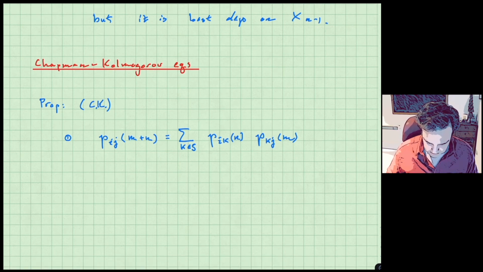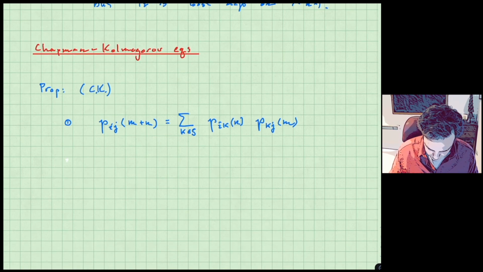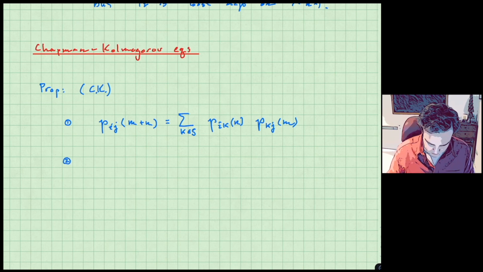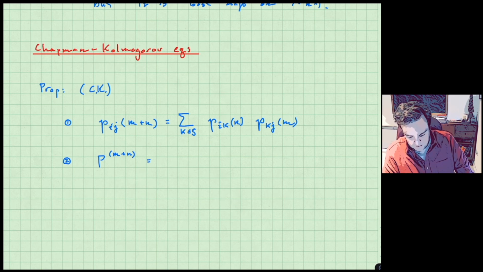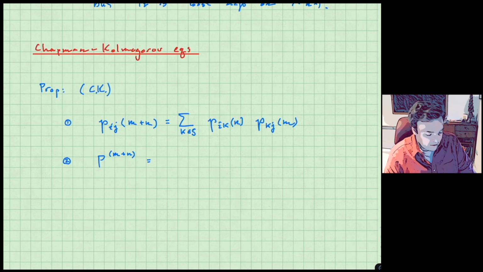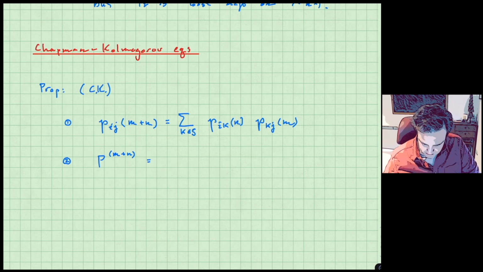All right, and the second version of this isn't really different at all, but I'm going to write it that way because it's how you see it in the notes. It says that P^(m+n). Now this equation is referring to the entire matrix, as opposed to just the individual elements. So that's the m plus n transition probability matrix.